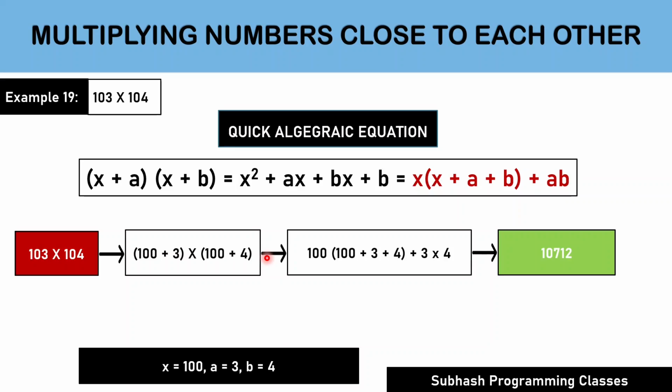Now, by substituting all these values in the above equation, we get 100 multiplied by (100 plus 3 plus 4) as a whole plus a multiplied by b, that is 3 multiplied by 4, which when calculated together will give us the answer 10,712, which is the actual answer for 103 multiplied by 104.